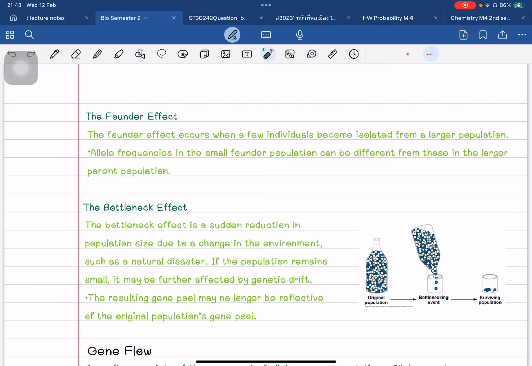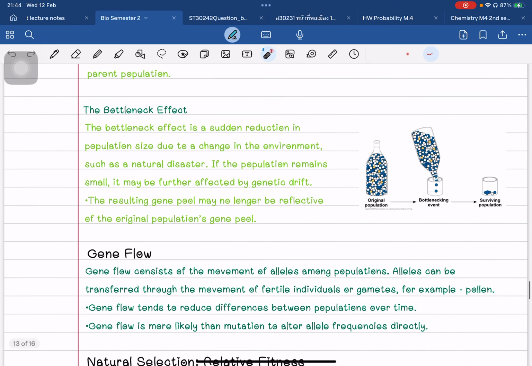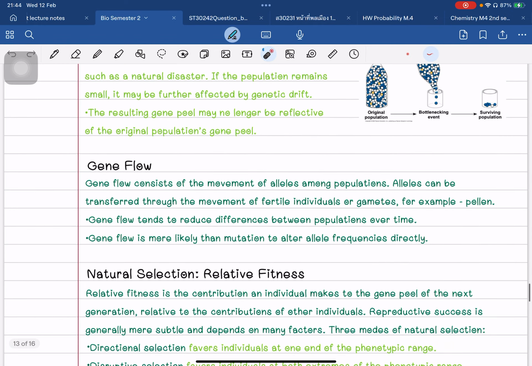If the population remains small, it may be further affected by genetic drift. The result is that the gene pool may no longer reflect the original population's gene pool.